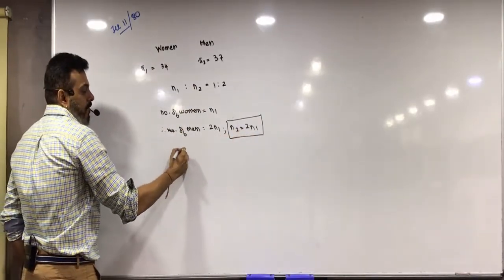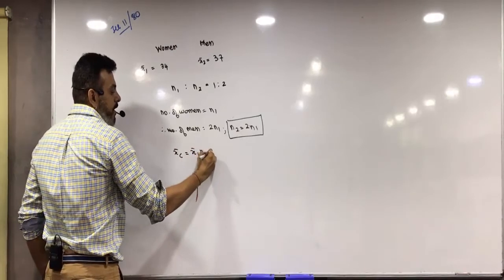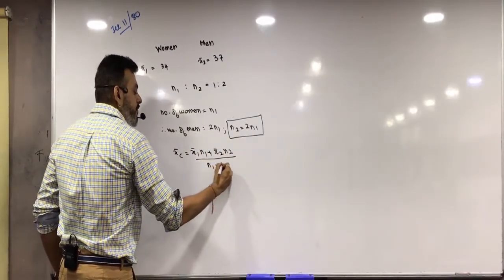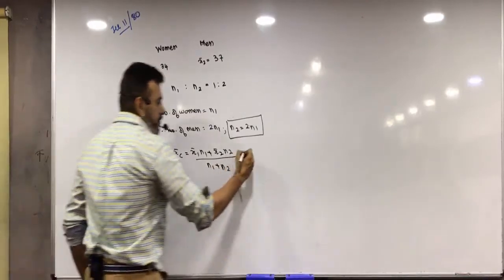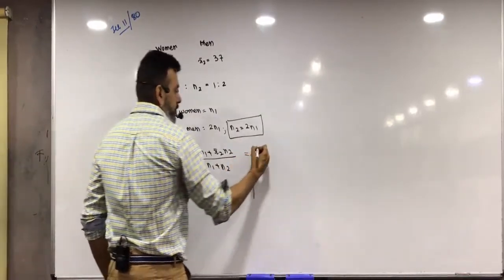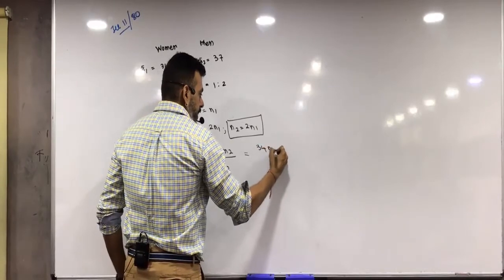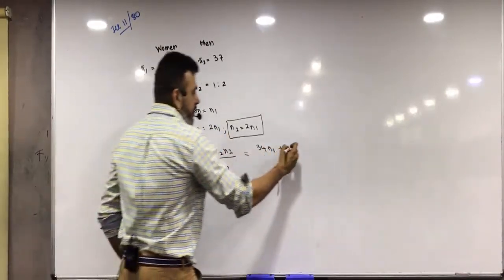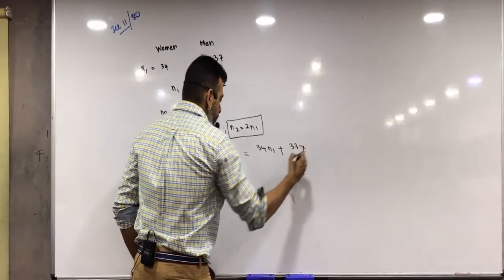Now we apply the formula. X bar c is x bar 1 n1 plus x bar 2 n2 upon n1 plus n2, which is equal to x bar 1 is 34 n1 plus x bar 2 is 37. But 37 into what?